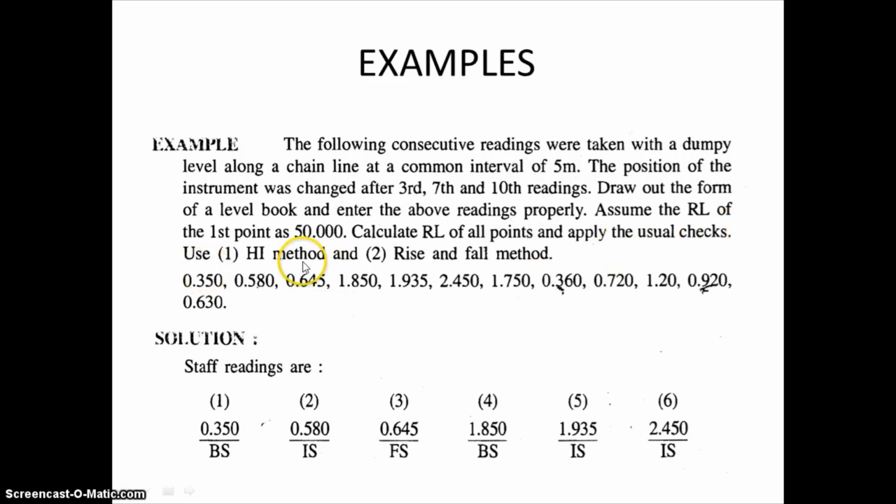Use the HI method and the rise and fall method. So you have to solve this example using the two methods that we have discussed. And these are all your data: 0.350, 0.580, 0.645, 1.850, 1.935, 2.450, 1.750, 0.360, 0.720, 1.20, 0.920, 0.630.